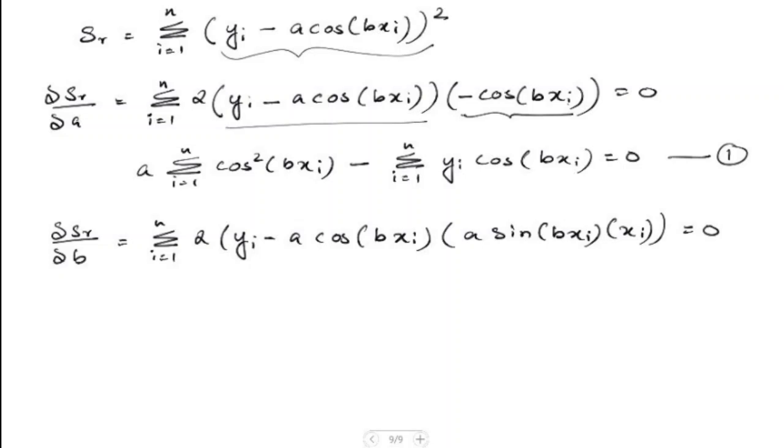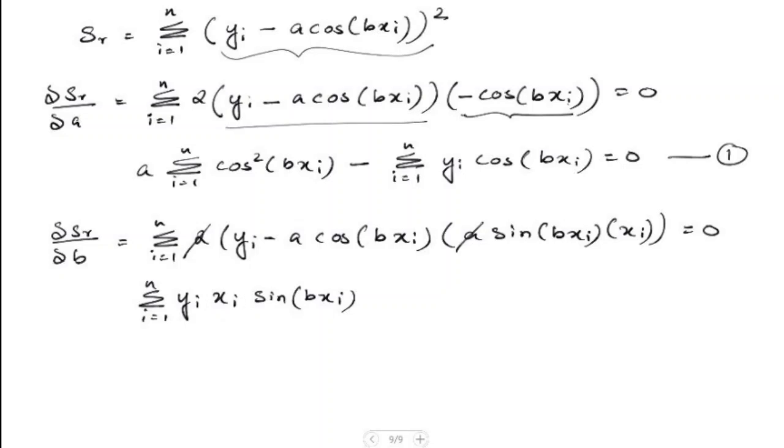Now equating this to 0, again the constant 2 can go to the other side and become 0, and a can go to the other side too. If you simplify, you get the summation from i = 1 to n of yi xi sin(bxi).